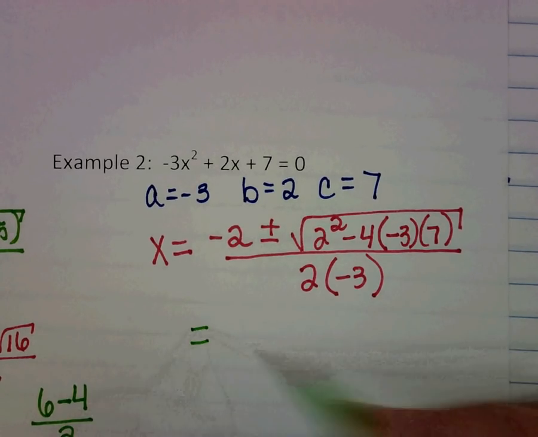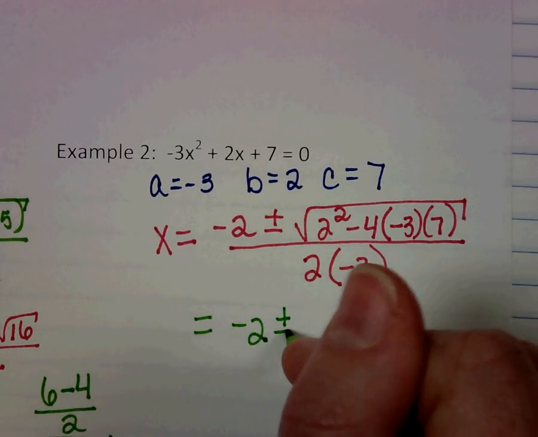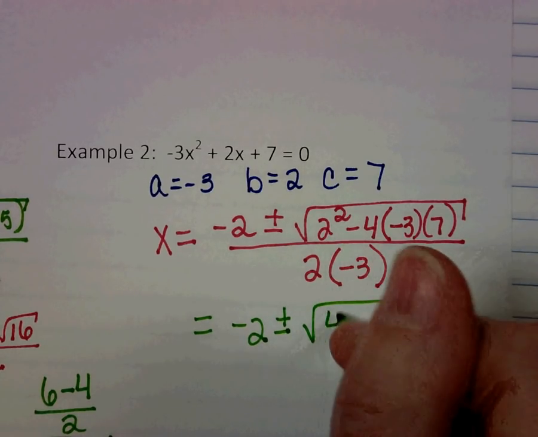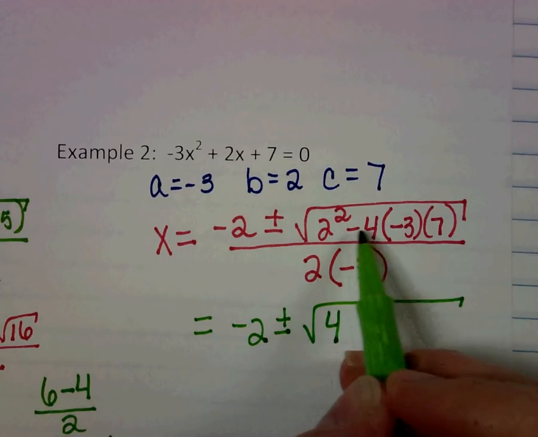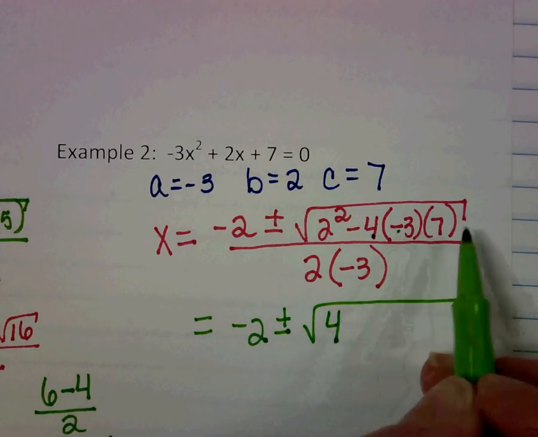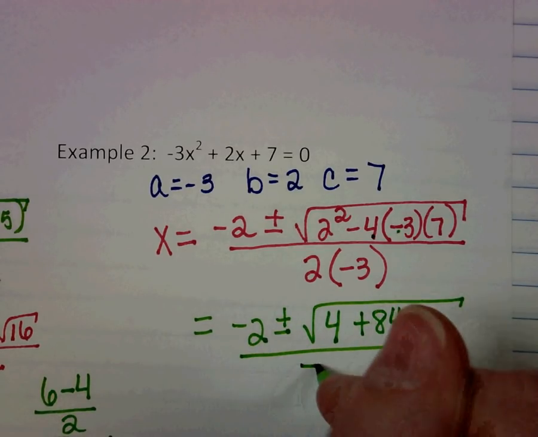Okay, so now let's see what I can calculate with my own brain. So I've got -2 plus or minus the square root of 2 squared, which is 4. -4 times -3 is +12. And +12 times 7 is 84, divided by -6.